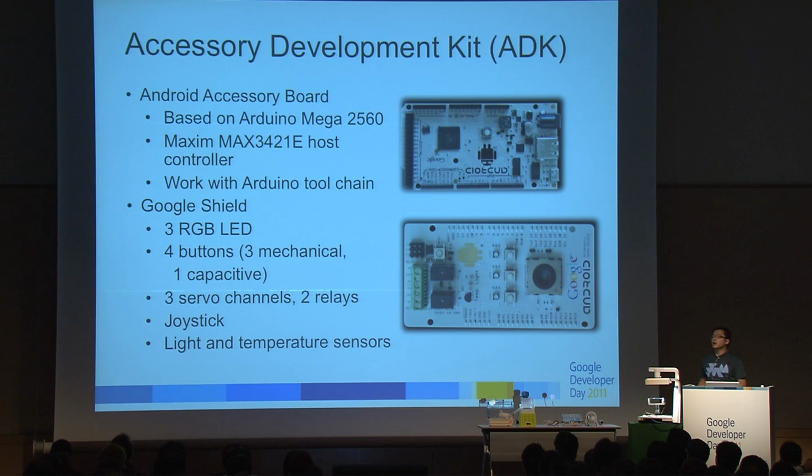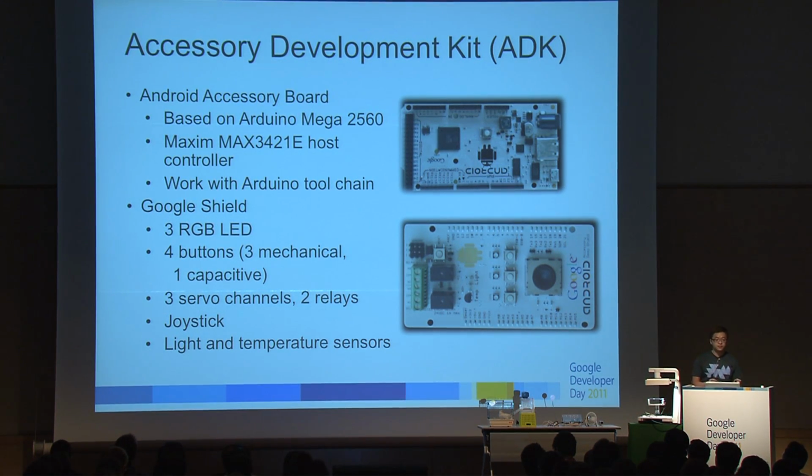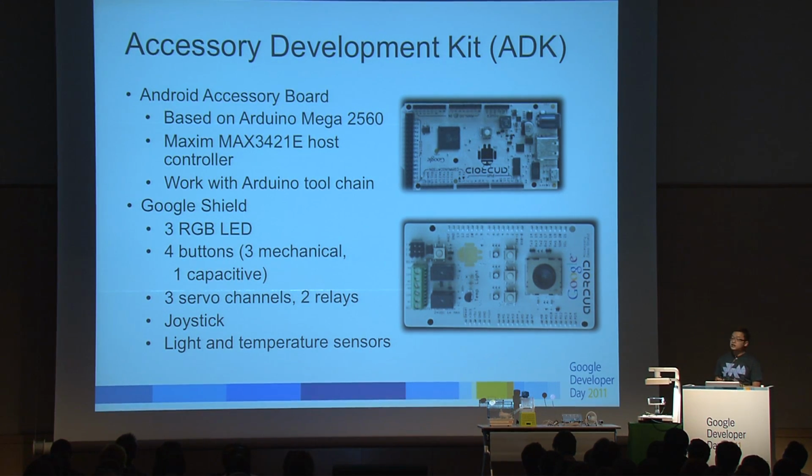One thing you need to pay attention to is that it's just a reference implementation. So basically, you can use any hardware you know how to use, and as long as there's a USB controller, you can use your own hardware. It just happened we picked this Arduino board for the reference implementation.